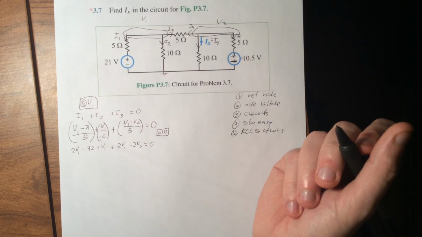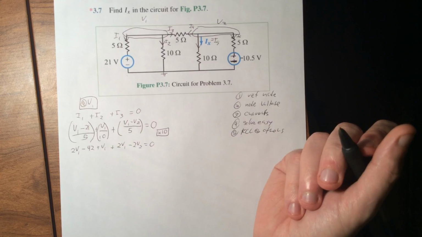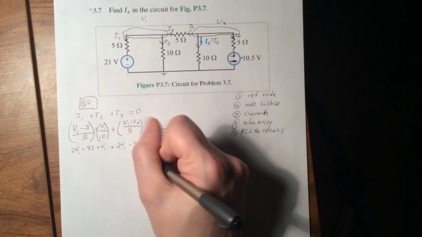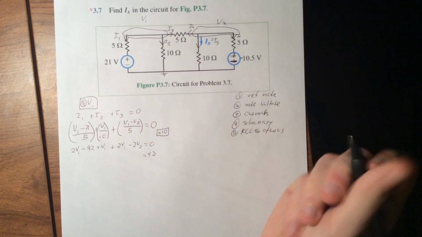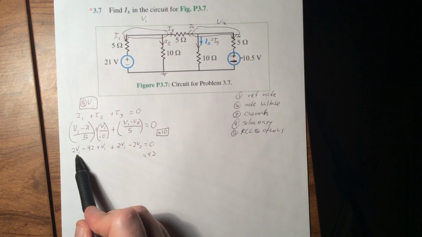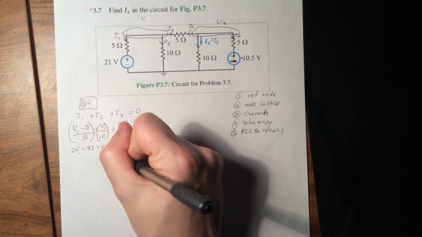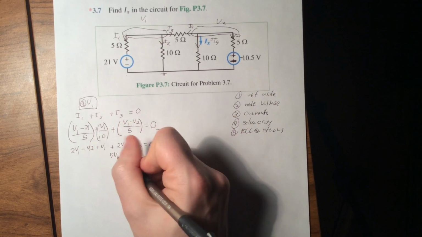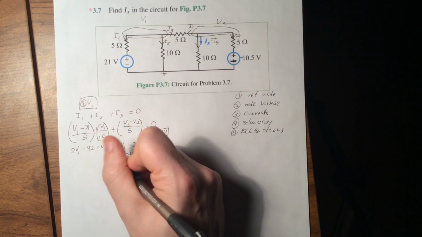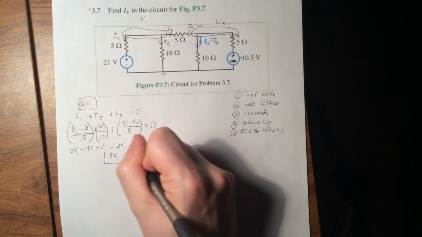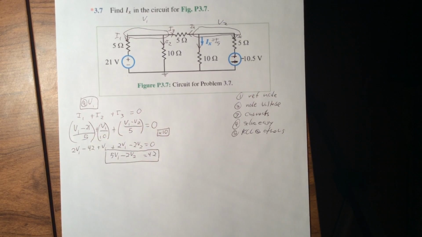That looks pretty good for this one. Okay, let's add it up. Equals 42, 2, 3, 4, 5V1 minus 2V2. That's our first equation. Set and sorted.